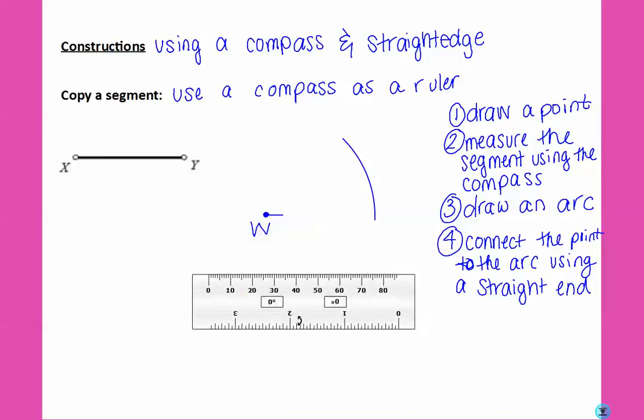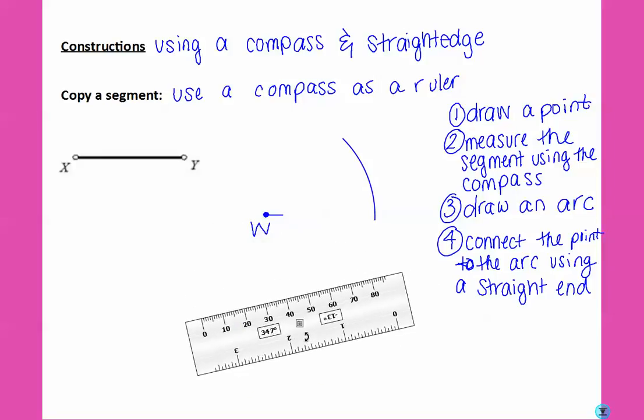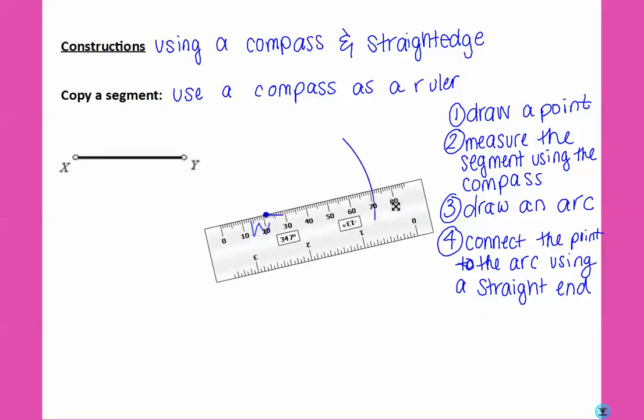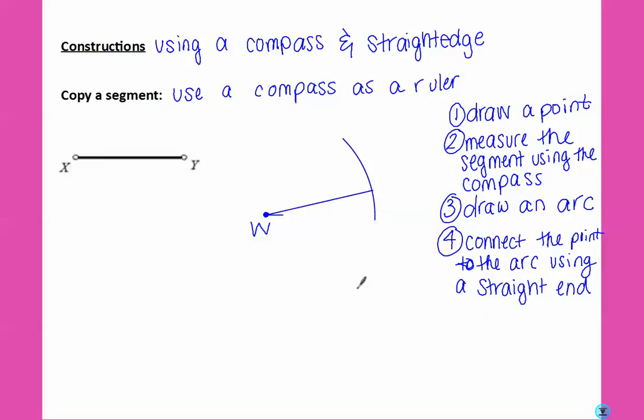And I can have it at any angle I would like, as long as it connects the point to my arc. I just draw straight along. And there's my segment.